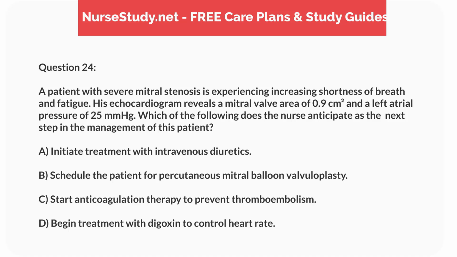A. Initiate treatment with intravenous diuretics. B. Schedule the patient for percutaneous mitral balloon valvuloplasty. C. Start anticoagulation therapy to prevent thromboembolism. D. Begin treatment with digoxin to control heart rate.